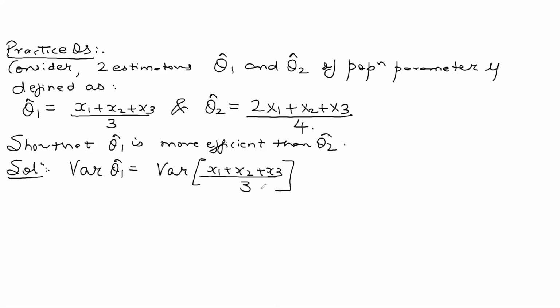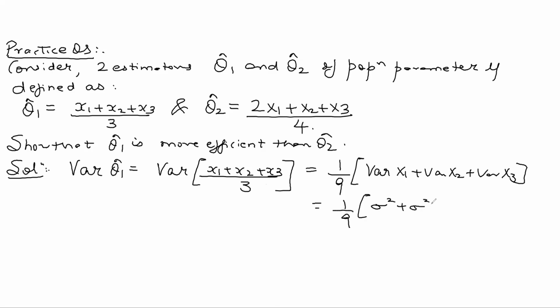And if you further work it out, this is 1 upon 9 times variance of x1 plus variance of x2 plus variance of x3, which is 1 upon 9 times, all of them have the same variance, they are independent and identically distributed. So it comes out as sigma square by 3.